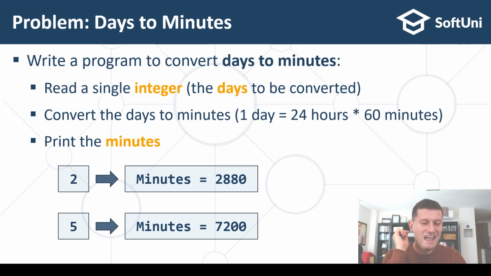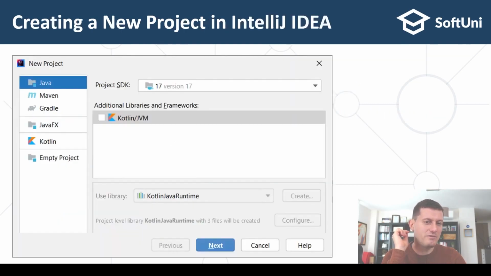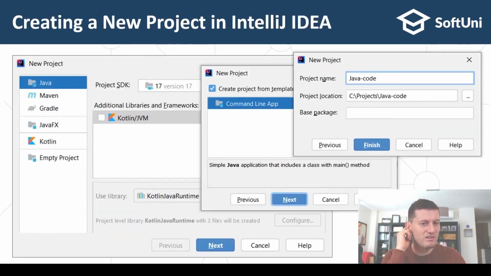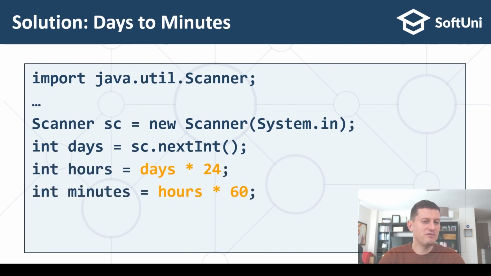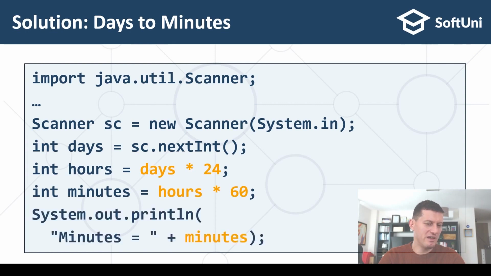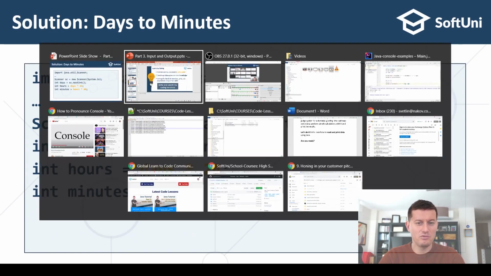Let's solve this. How do we solve it? We create a new project in IntelliJ IDEA and give it a good name, or I can reuse the project. I read the days, multiply by 24 by 60 to calculate the number of hours and minutes, and I finally print the minutes. Let's do it.